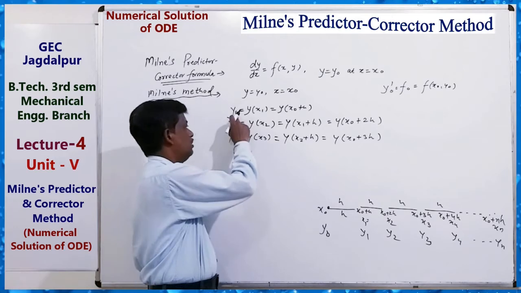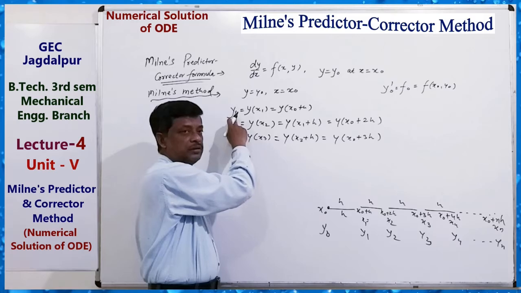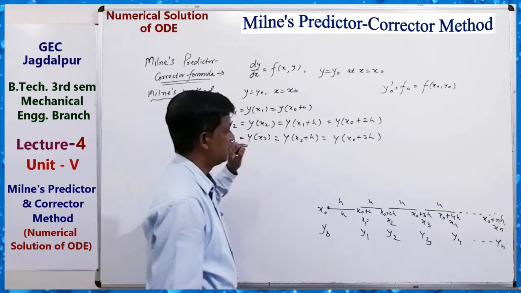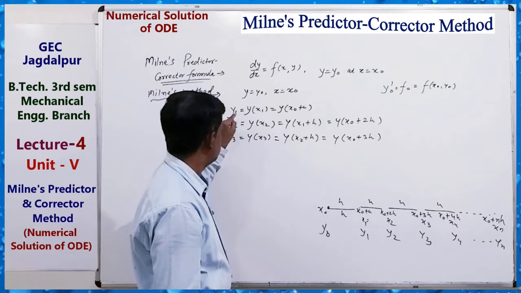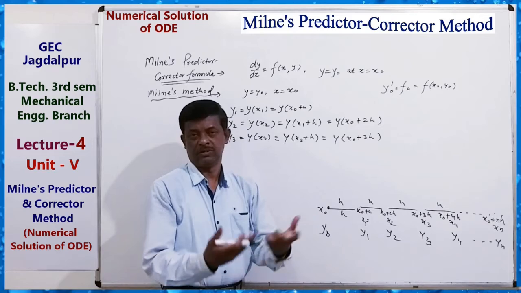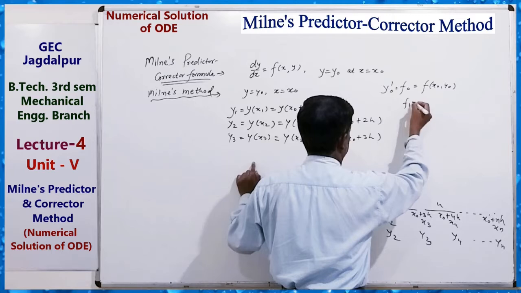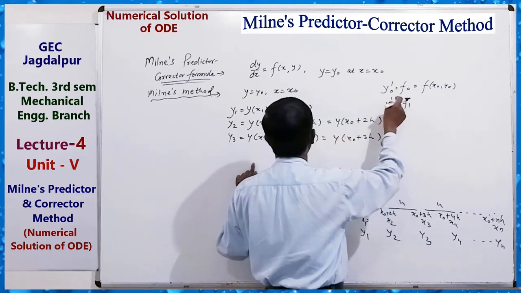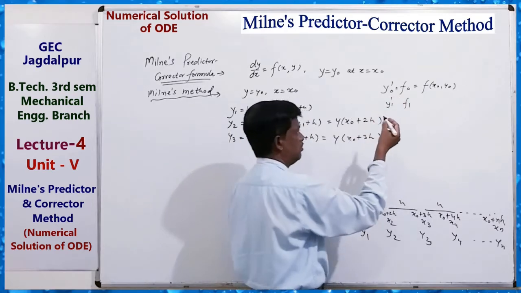After finding y1 by any of the methods for the next point, using x1 and y1 we can find the value f1, that is f dash at 1. We can denote it like this: f1 equals f(x1, y1). Similarly, f2 is f(x2, y2), and f3 is f(x3, y3).